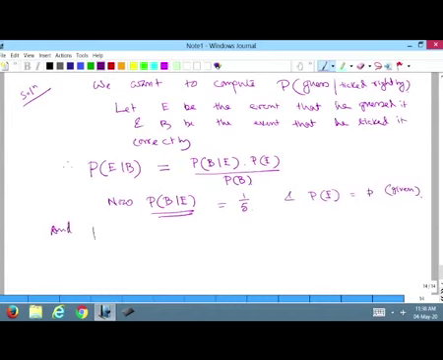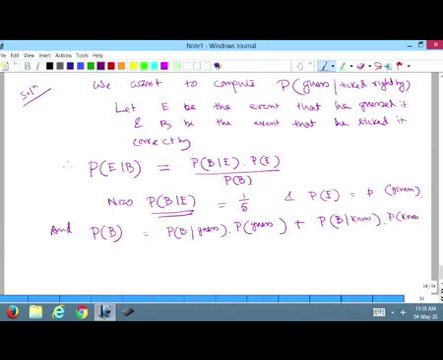And probability of B is equal to probability of B given he is guessing multiplied by probability of guessing, plus probability of B given he knows the answer multiplied by probability he knows the answer, which is equal to 1 by 5 multiplied by P plus 1 multiplied by 1 minus P, which is equal to (P plus 5 into 1 minus P) upon 5, which is equal to (5 minus 4P) upon 5.